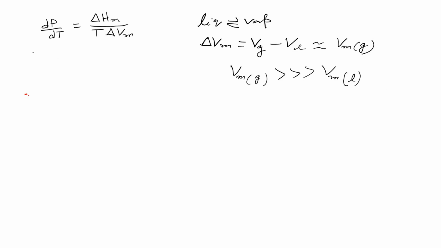Now, in this equation what can I write? I can write dP by dT equal to delta Hm, obviously it is for vaporization, over T and then the molar volume of the gas, right?